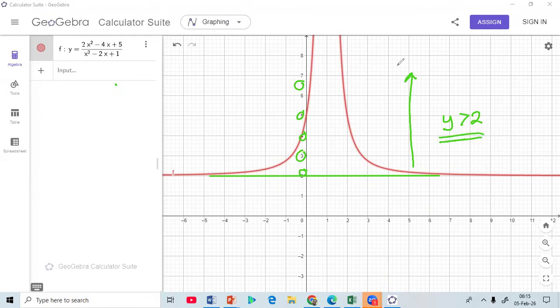Here you can't say all y apart from 2, because it means you are including -1. Does -1 correspond to anything? No. Observe your graph very well. So the only way we can state it is y greater than 2, or 2 to infinity.